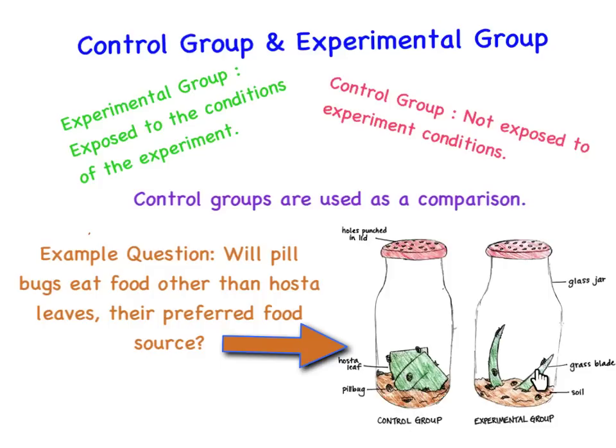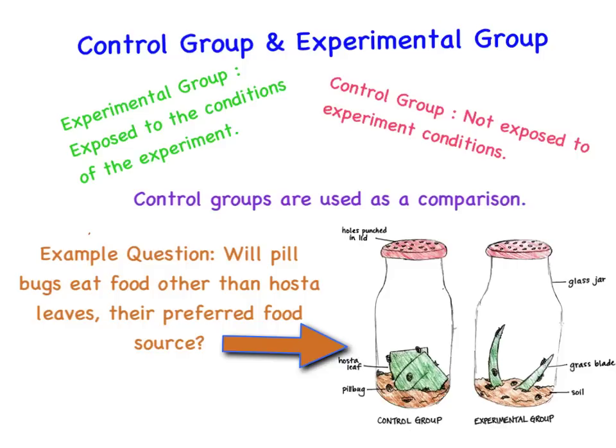And then you set up another experiment, the other part of your experiment, which is your experimental group, and you put the pill bugs in a jar with the same amount of soil, okay, same type of jar, holes poked in the lids on both, okay, everything else is controlled, all these other variables are controlled variables. The one thing that you changed is the food source, which is grass instead of hosta leaves.